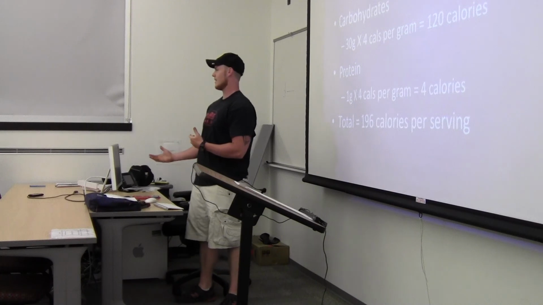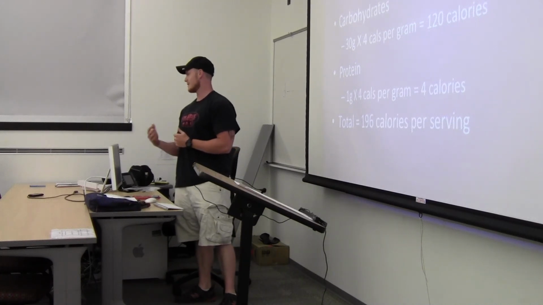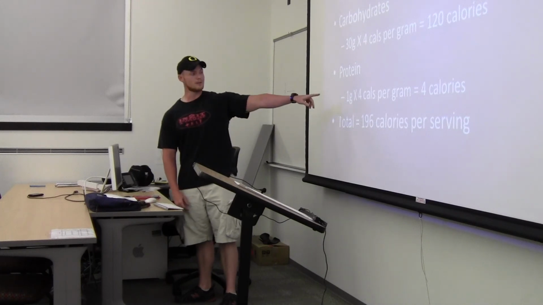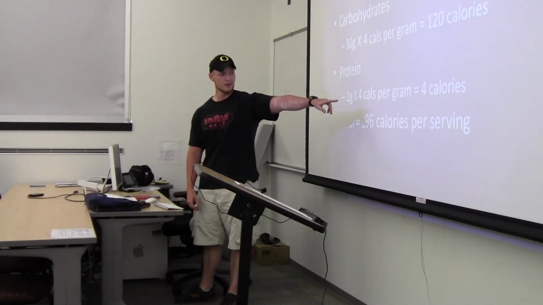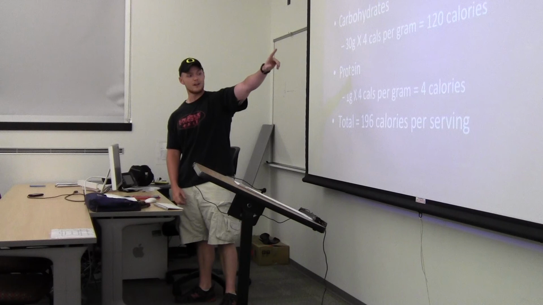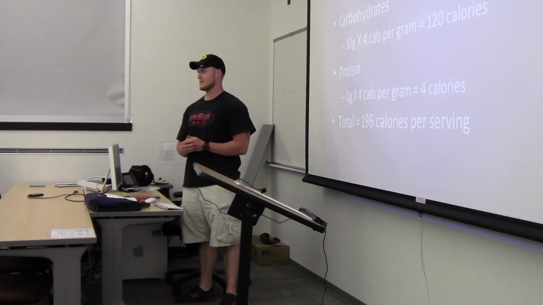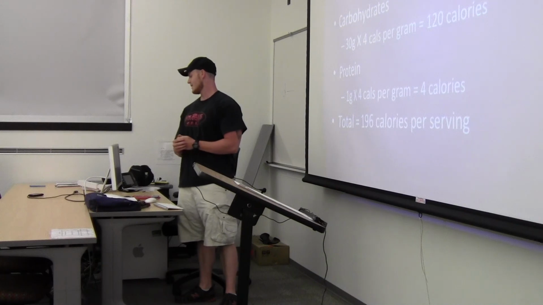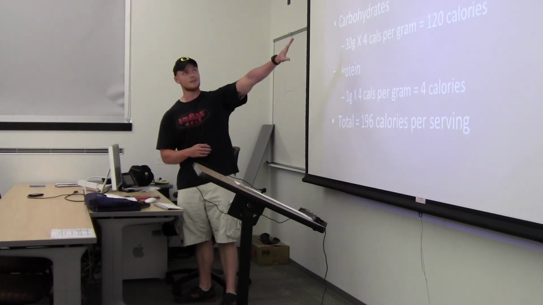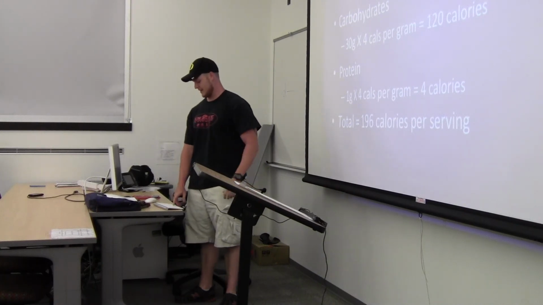So 30 grams of carbs times 4 gives you 120. Then you have 1 gram of protein, which gets multiplied by 4 calories, and you end up with 196. Once again, they usually round it down to the nearest 10. They will never round it up. So that equals your 190 calories, and that is how the calories are broken down.